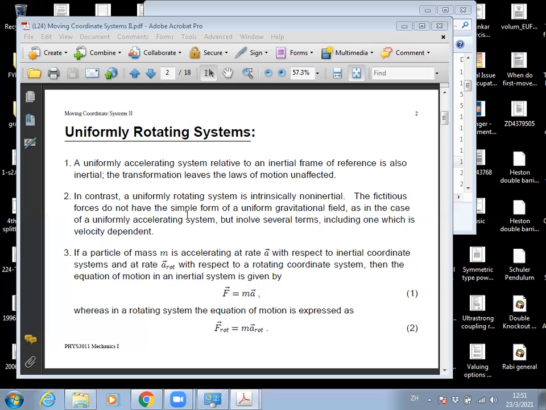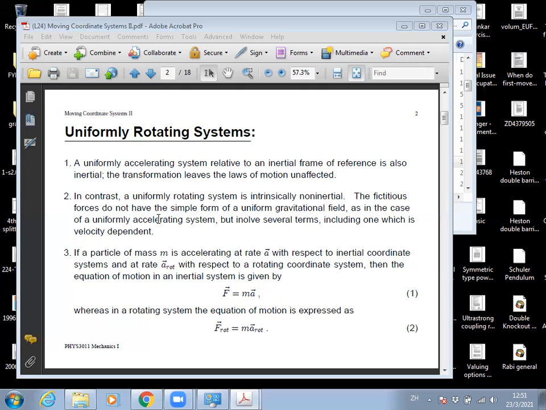And the fictitious forces involve several terms, one of which is velocity dependent. All right. Now you must have heard about the Coriolis acceleration in the introduction to physics course.